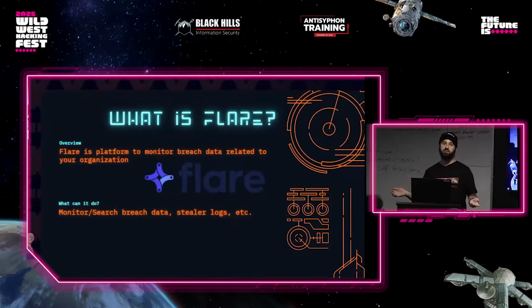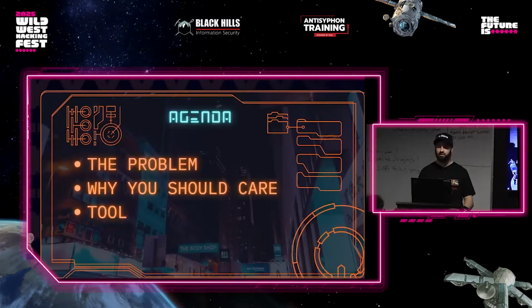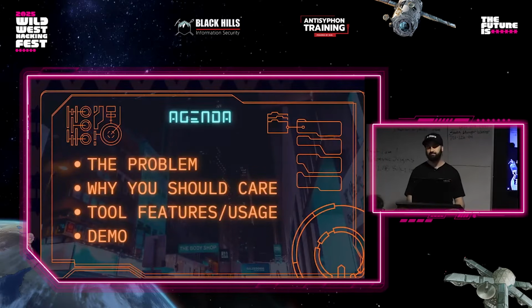There's a lot of really good, juicy information out there on the dark web, but aggregating and maintaining all that information can be painful because it's just a lot, and you need a lot of storage and a way to query and search it. So Flare is a fantastic platform to assist you with breach credential monitoring and using it against your customers.